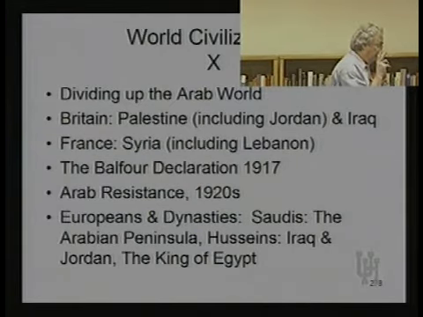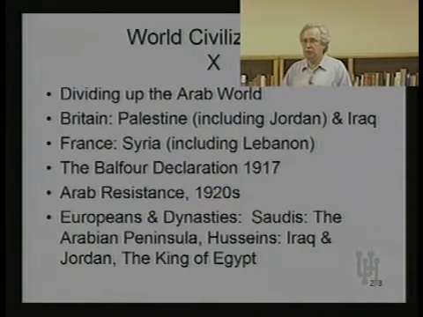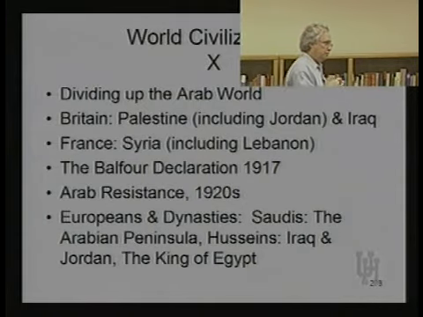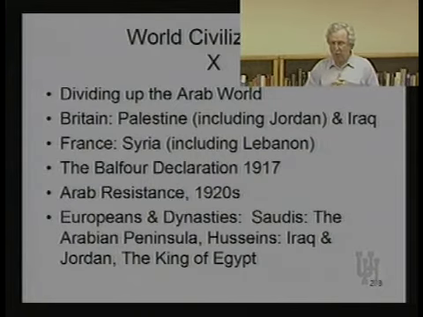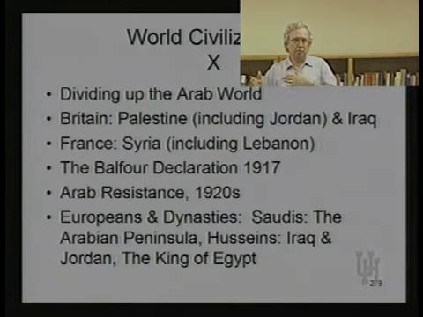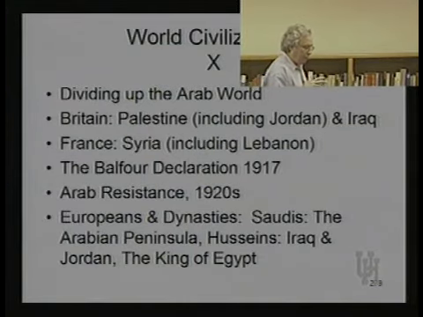A further element that's introduced into the history of the Middle East at this time is the Balfour Declaration, issued by the British Prime Minister David Balfour in 1917. And essentially, what it commits Britain to do is to create a state for Jews in the Middle East, to create a homeland.